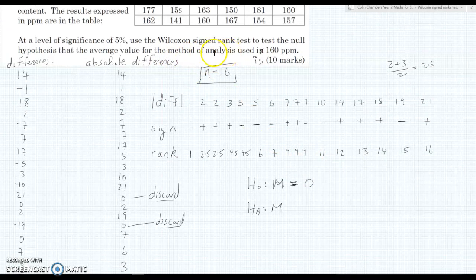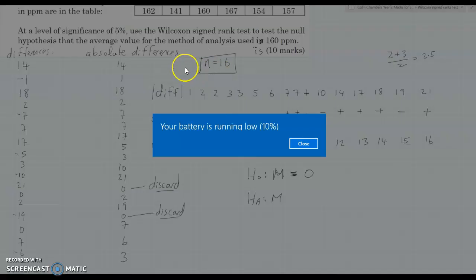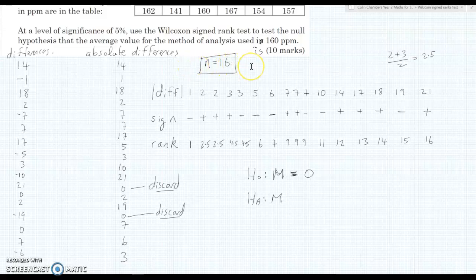In this case, we're testing that the average value for the method of analysis used is 160, and the opposite of that is not 160. They're not saying less than or greater than, so it's going to be not equal to 0.